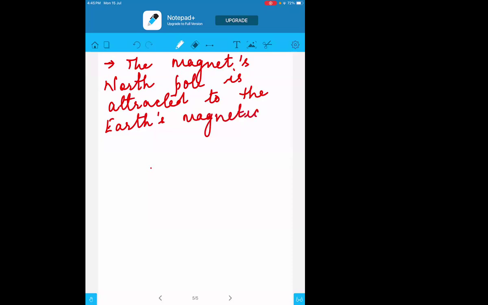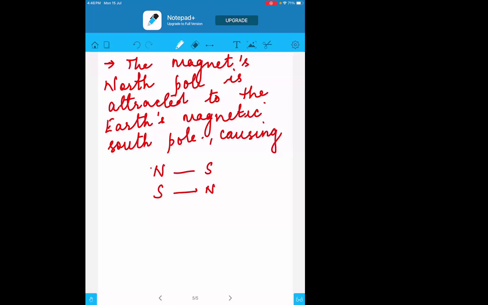Earth's magnetic south pole. Now, why does it happen? It happens because we always know that north attracts south and south attracts north. So the magnet's north pole will be attracted to the Earth's magnetic south pole, causing it to point northward.